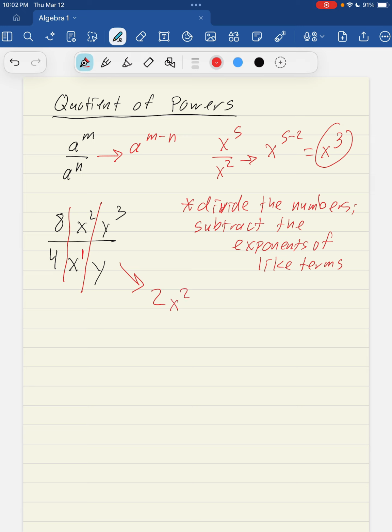That's going to be 2 minus an invisible 1. And then we subtract our y variables, numerator exponent minus denominator exponent. And there's another invisible 1 right there. With these problems, I would really encourage you to put invisible 1s on variables that are by themselves. That's just going to help your brain, whether you're using any power rule.